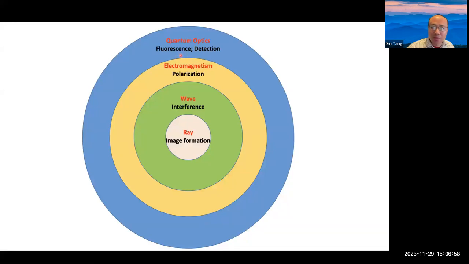We can use that to probe cells or living multicellular systems, right? So all those three topics are combined together. We will go back and forth among all three, beyond just ray optics.